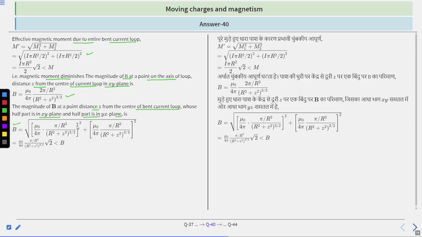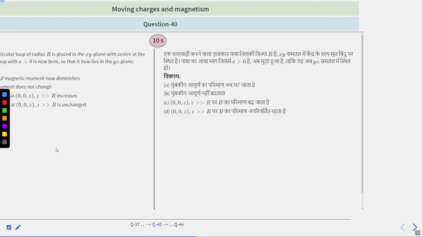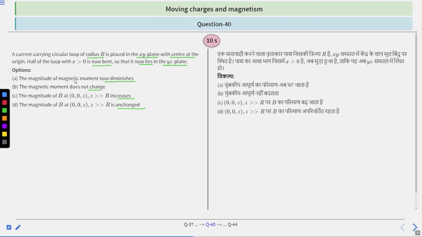Solving, you get B prime equal to mu naught by 4 pi divided by r square plus z square whole power 3 by 2 multiplied by root 2, which is less than B. Clear? So the correct answer is A. The magnitude of the magnetic moment is also reduced. Clear? So this option is correct.